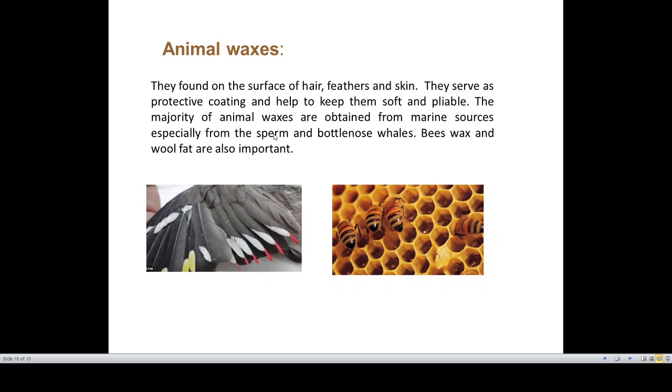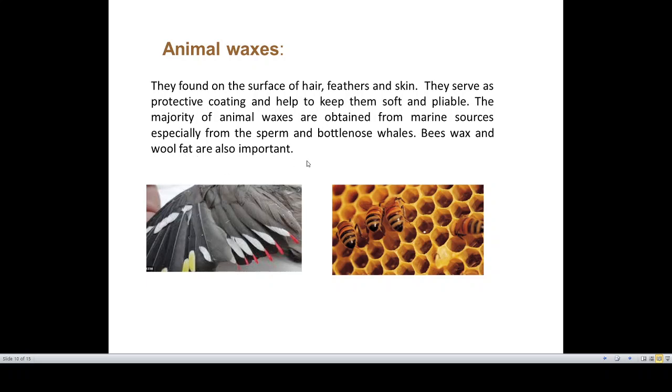And the majority of the animal waxes are from marine sources, especially from the sperm and bottlenose whales. Another important example of animal wax is beeswax and wool fat.